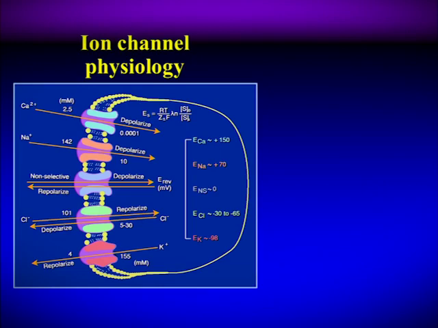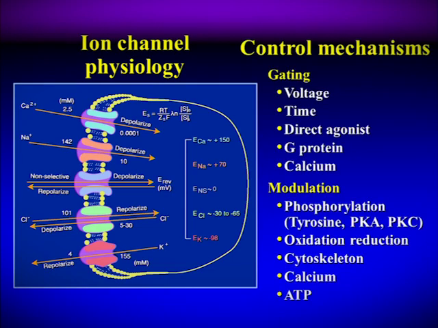Always depolarizing, always influx of sodium, and that movement of sodium from out to in would have a depolarizing force trying to get the membrane potential to plus 70 if left unopposed. On the other hand, potassium channels, movement of potassium ions from inside the cell to out, that is an efflux of potassium ions, and that efflux causes the membrane potential to try to get towards EK, that is minus 98. You know those three things, you're good to go.